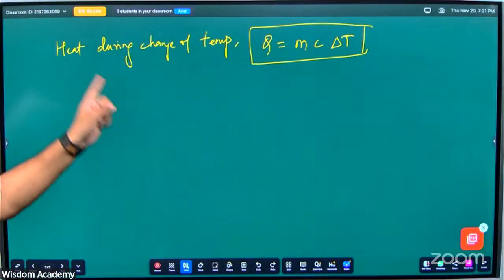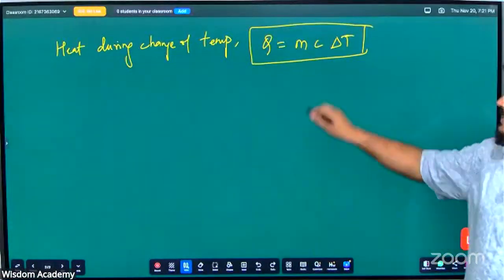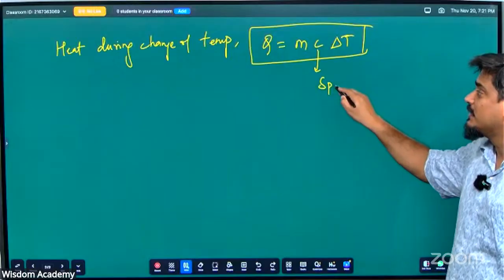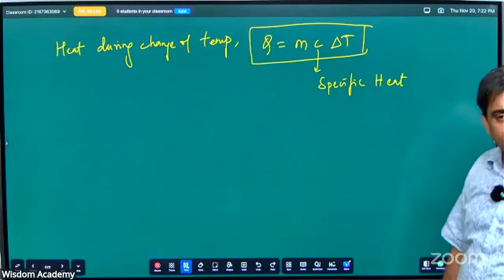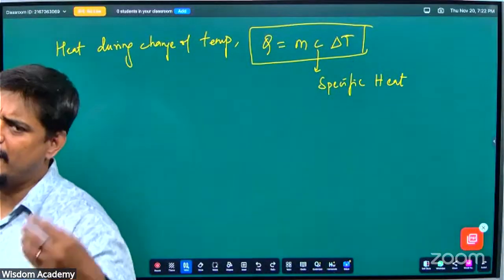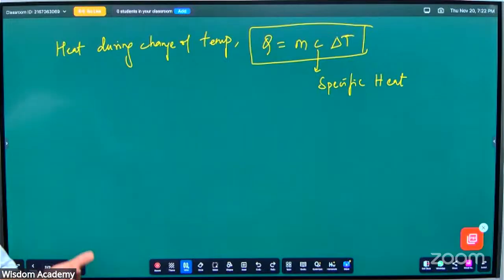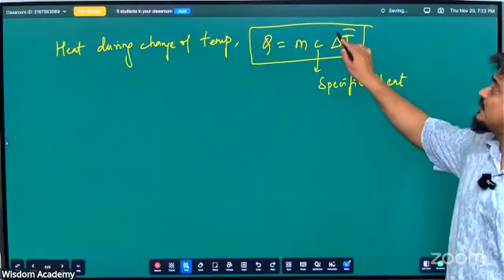The formula is MC delta T. M is the mass of the substance. C is called what? Specific heat of the substance. Again, it is a material dependent quantity. Water will have something, ice will have something, oil will have something, spirit will have something. So different materials will have different specific heat capacity. And delta T is change in temperature.